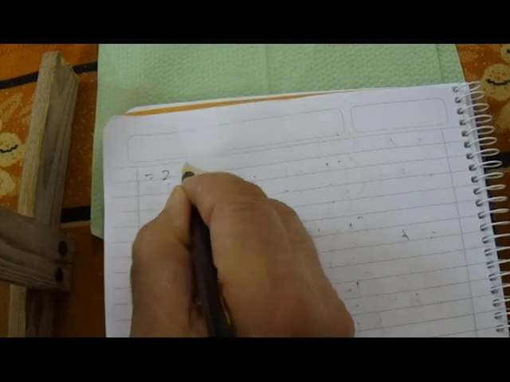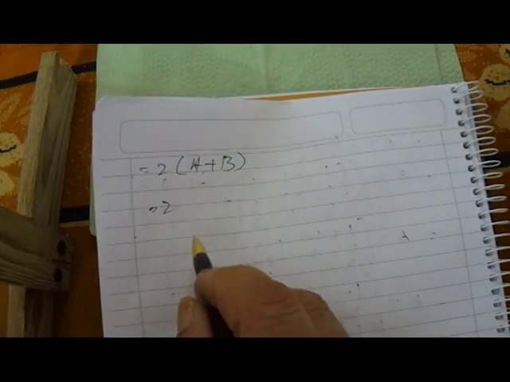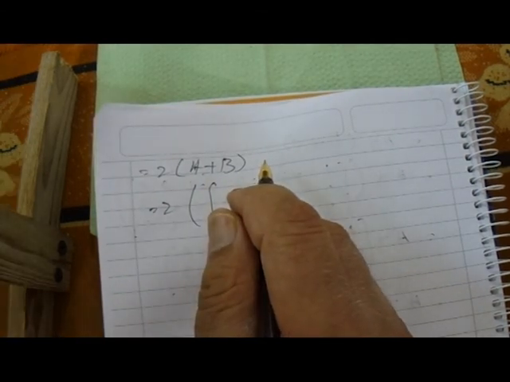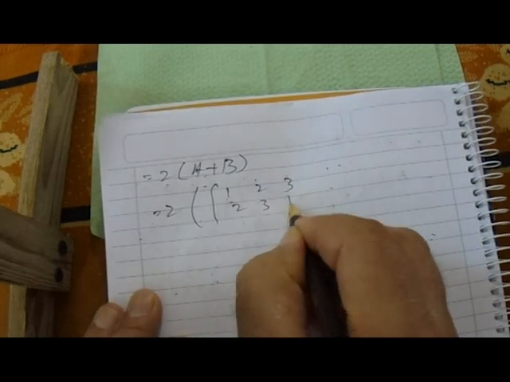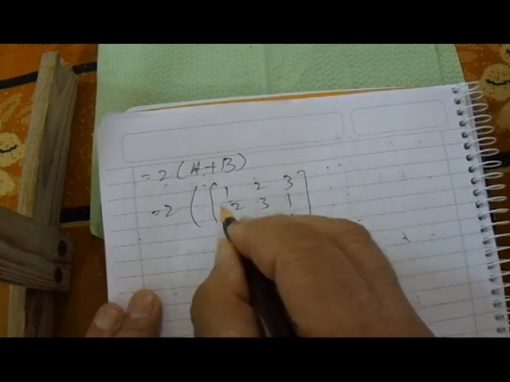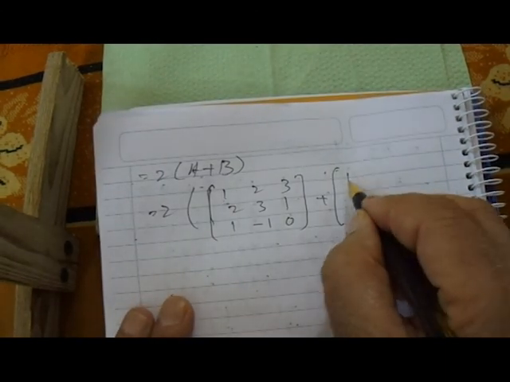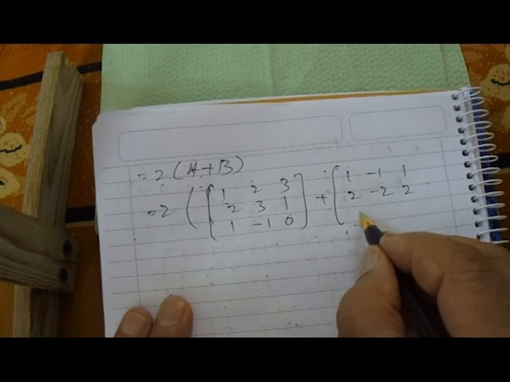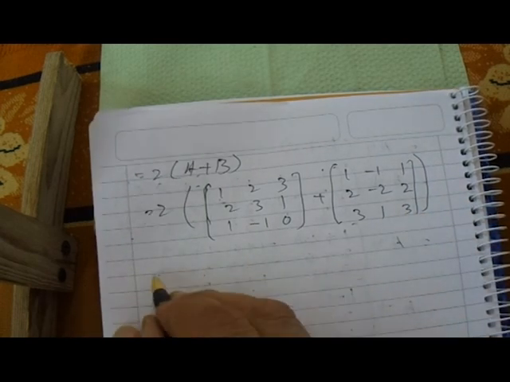This is equal to 2 into A plus B. First we write 2 and we write a round bracket here, and first we write A and then B. Our A matrix is 1 2 3, 2 3 1 and 1 minus 1 0. This is our A matrix, and we write this A matrix, and plus B matrix. We write B matrix. B is 1 minus 1 1, 2 minus 2 2 and 3 1 3. Now this is our matrix, round brackets. Now is equal to 2.